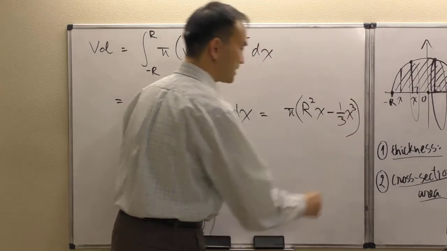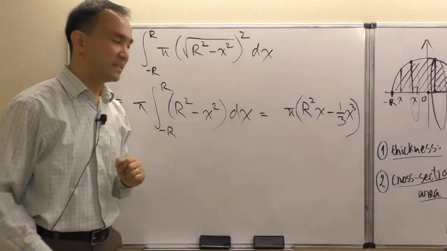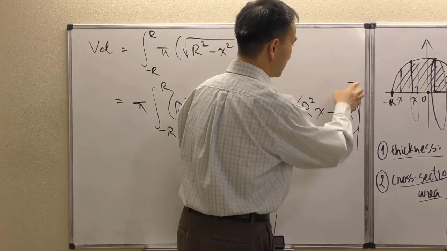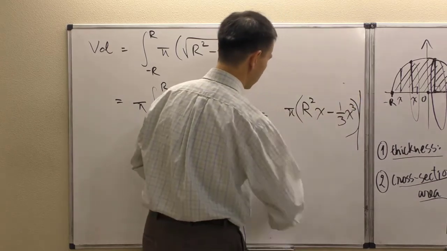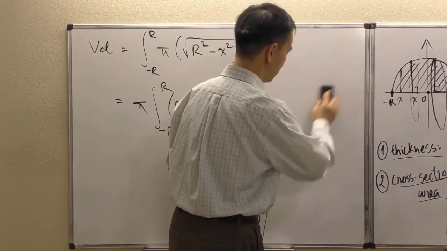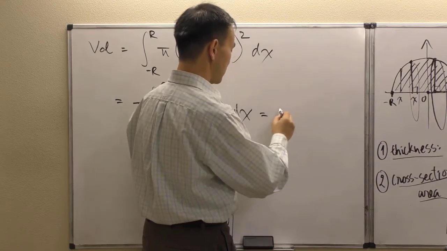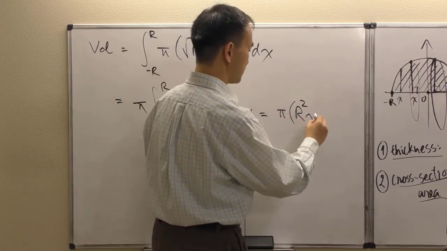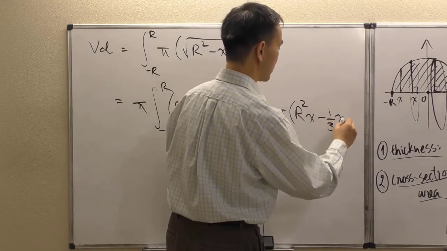That's our successful antiderivative. Now we're going to need to evaluate this, and allow me to rewrite this in a more space-logical way right here. So pi times r squared x minus 1/3 x cubed.